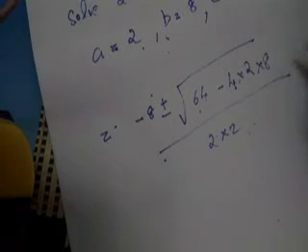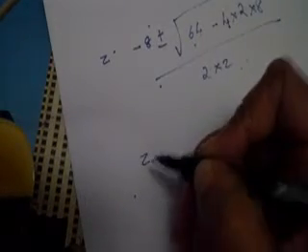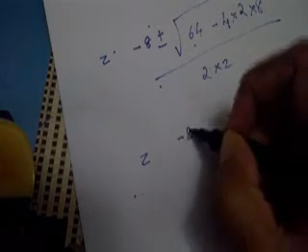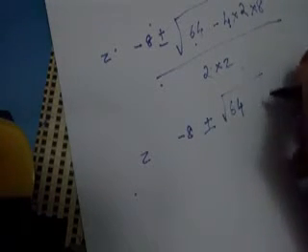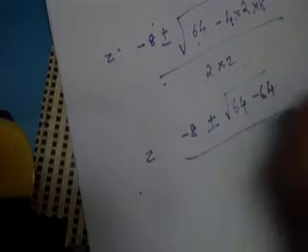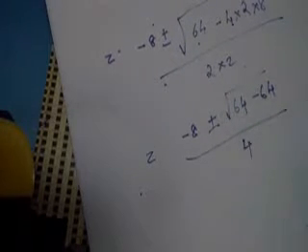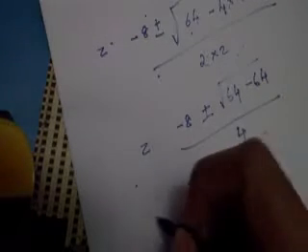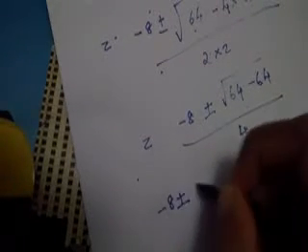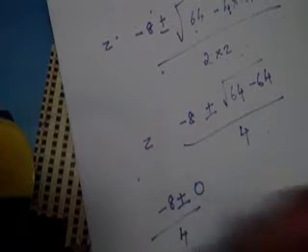So you'll be getting minus 8 plus or minus root of 64 minus 64, divided by 4. Simplifying again, you'll be getting minus 8 plus or minus 0 divided by 4.